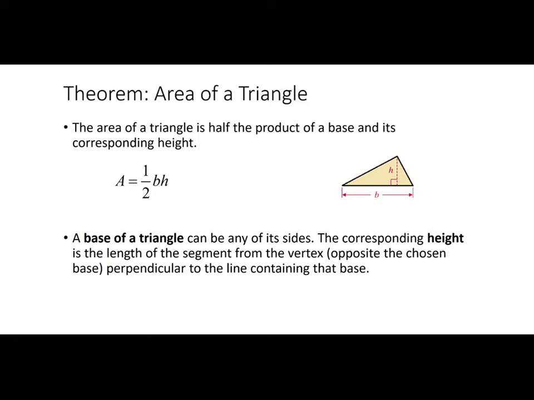Another formula we were reviewing is the area of a triangle. Remember, the area of a triangle is half the product of its base and its corresponding height, or 1/2 base times height is probably how you're used to hearing it.